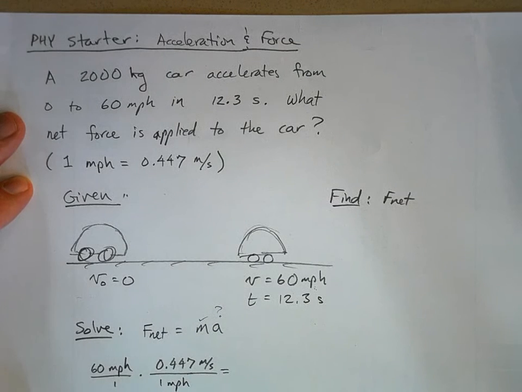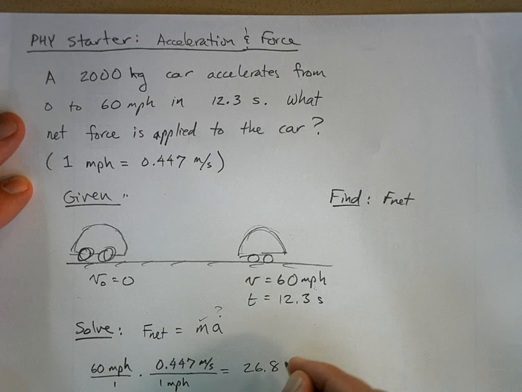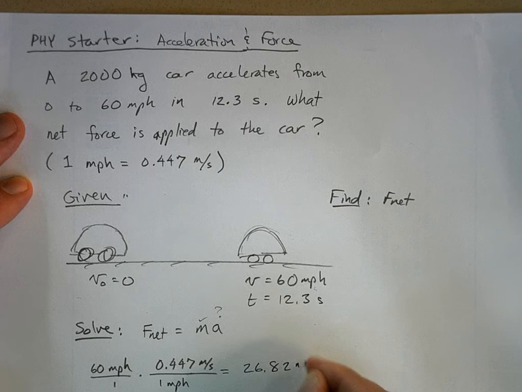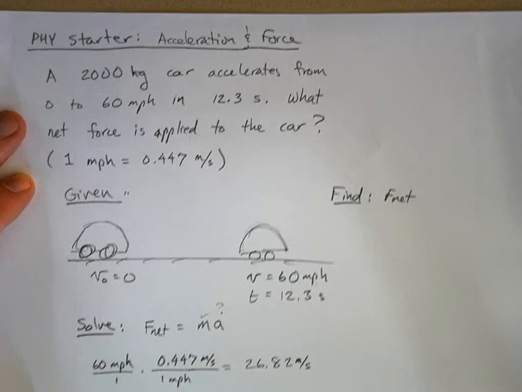And when you multiply that out, you get 26.8, so 27. You could use 27, that's fine. 26.82 meters per second. We'll just keep a few more digits than we really need.